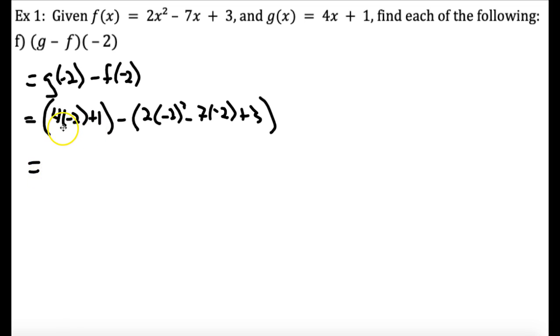So just do the arithmetic. 4 times -2 is -8, plus 1 would be -7, minus -2 squared is 4, times 2 is 8, plus 14 would be 22, plus 3 gets me 25. So -7 minus 25 would be -32. All right.